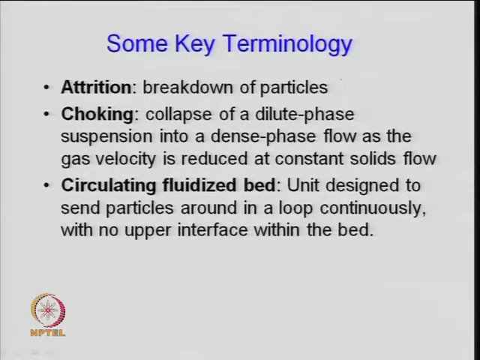The second thing is choking. Choking is the collapse of a dilute phase suspension into a dense phase flow as the gas velocity is reduced at constant solid flow. So, you have a solid which is moving up and a gas which is moving up.